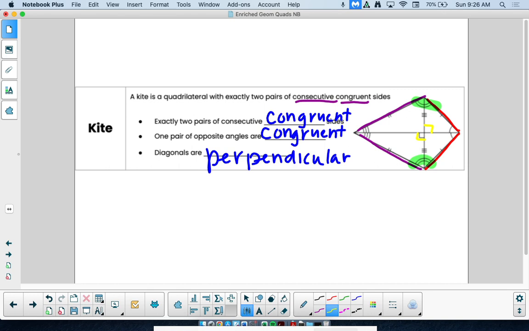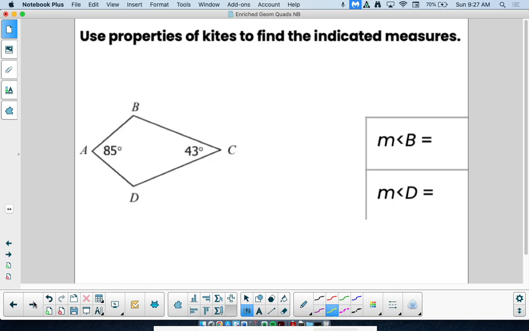So now let's play around with some measures of kites. It says, use the property of kites to find the indicated measures. We're looking for the measure of angle B and D. So a little bit different than like our trapezoids, right? But B and D, these would be our two congruent angles because they are between the two different sides that are congruent to each other. So how are we going to figure out their angle measure? Well, it's pretty simple. Don't forget how we started the chapter, right?